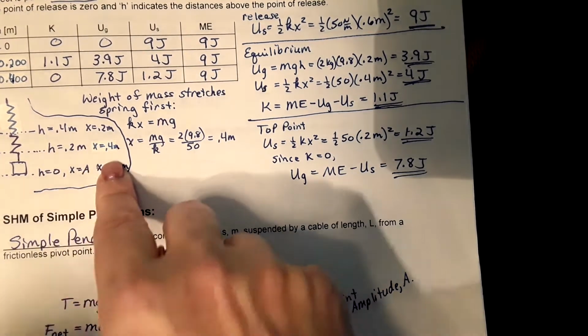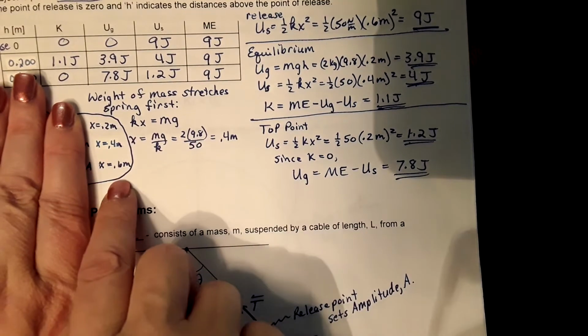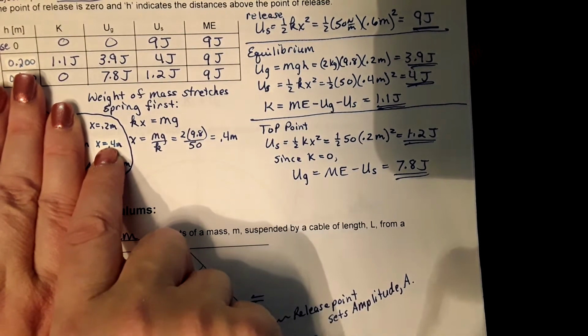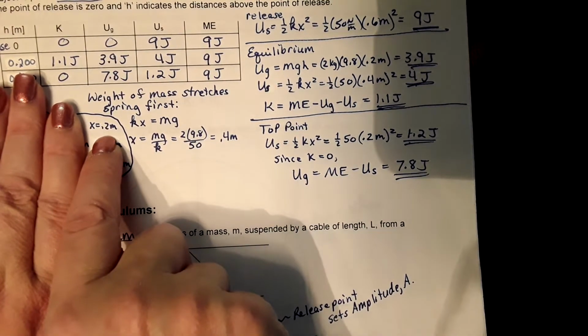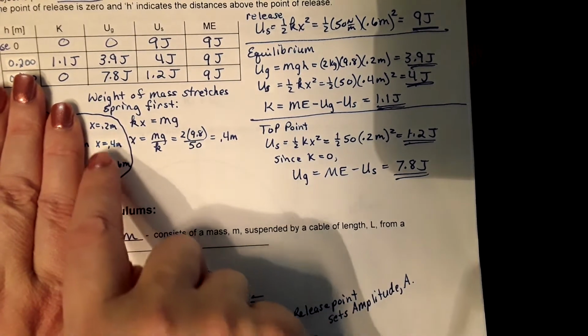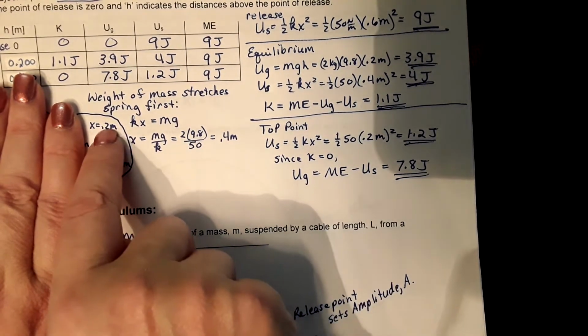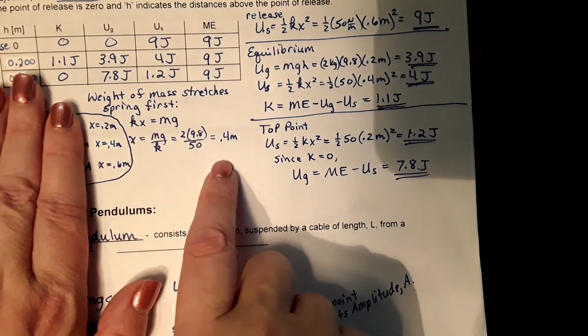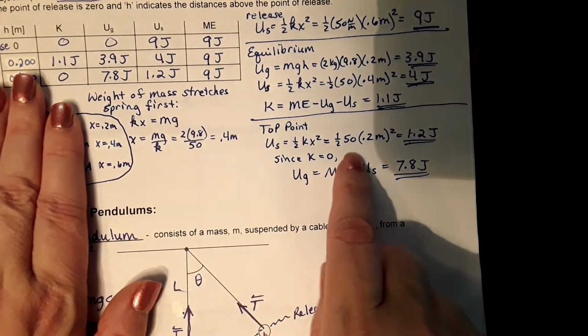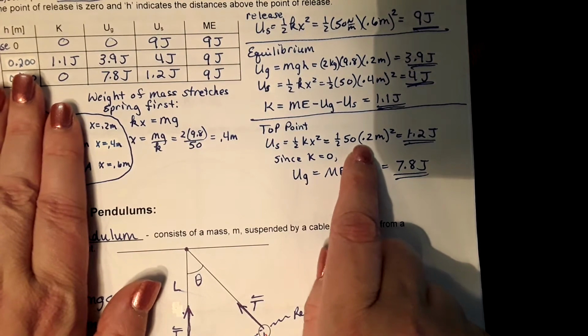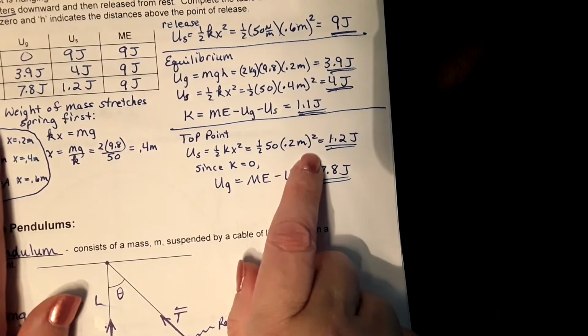So it goes from 0.4, which is unstrained, to right here. So now we have 0.2 meters of compression. So the stretch is only 0.2 from its unstrained length.